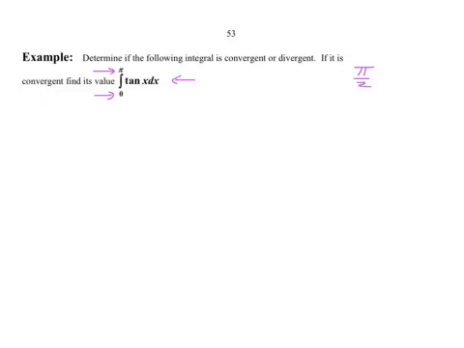Pi divided by 2 is inside the interval 0 to pi. So we have to break this integration into two integrations and replace the discontinuity, which is pi over 2, at the limits of the integration. So we have to break it at pi divided by 2.